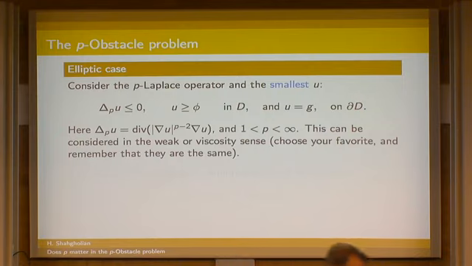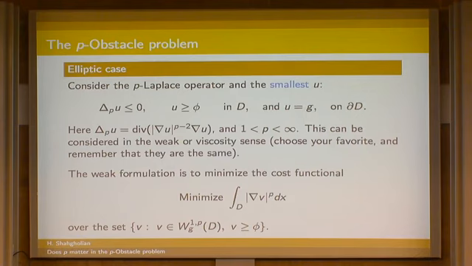And this is what we are interested in. So you have the minimizer. You minimize the functional. The equation can be changed slightly, and then you have to change this, of course, but we'll stick to this case. And this is the admissible case.